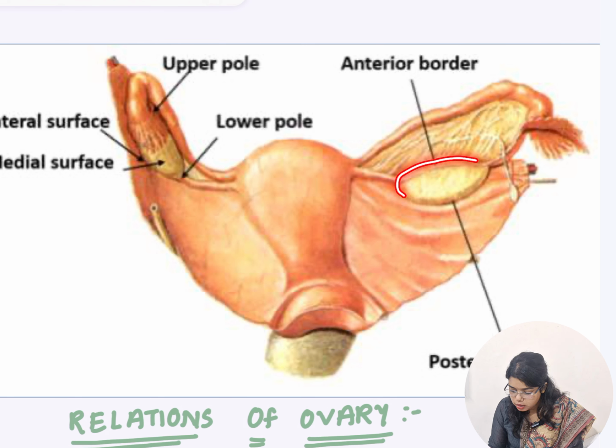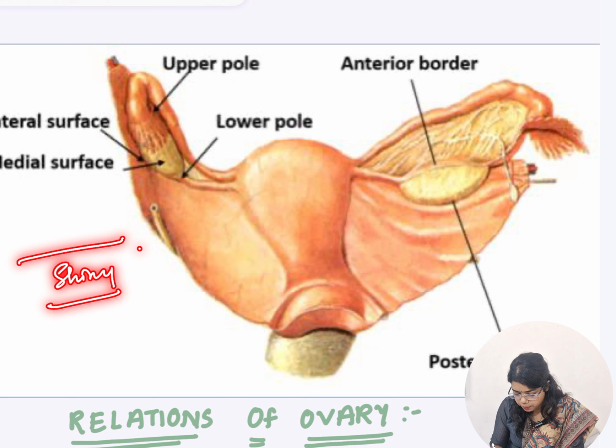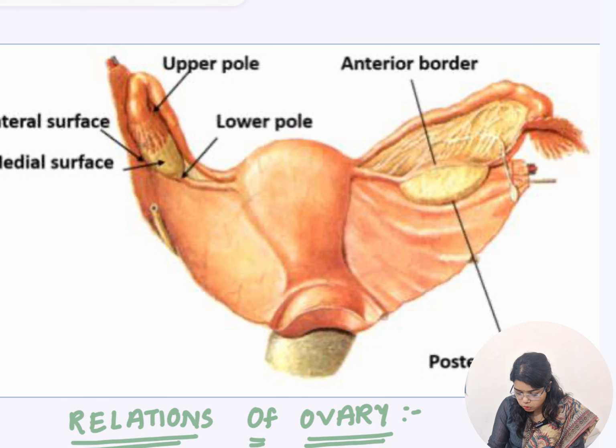This is oval in shape, and it is grayish white or pinkish gray and shiny. The ovarian surface is very shiny.